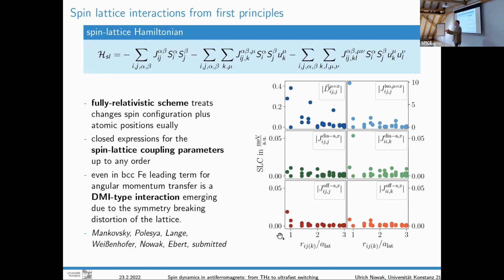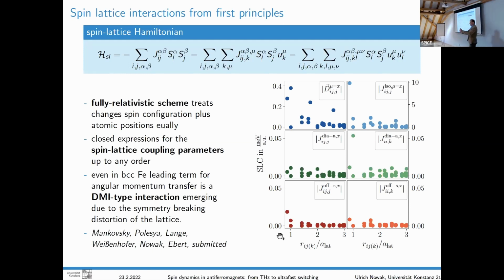The reason that we don't have Dzyaloshinskii-Moriya in cubic crystals is the symmetry. If you displace one atom, you break inversion symmetry. So now you get new elements in your exchange tensor. Okay, so it is a three-body thing. Of course there's also the i-i-k interaction or i-j-i or whatever.